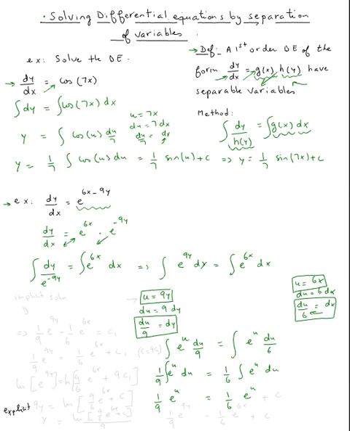On the left side, u happens to be 9y. Integral of e to the u is e to the u. Remember, it's not the same u. If you want to call them different, a u or a v, it's fine. So this will be 1 over 9 e to the 9y is equal to 1 over 6 e to the 6x plus some constant. Don't forget the constant here.